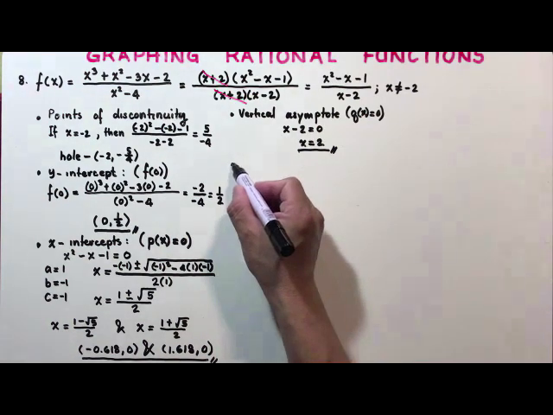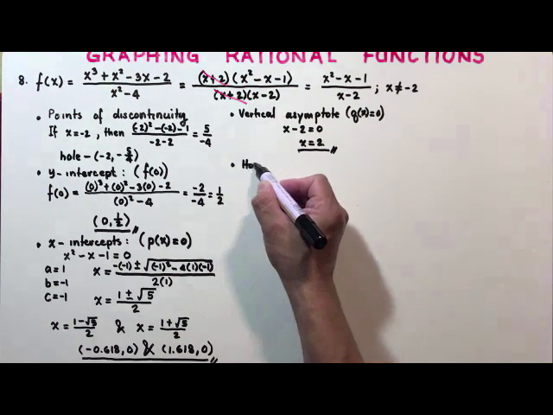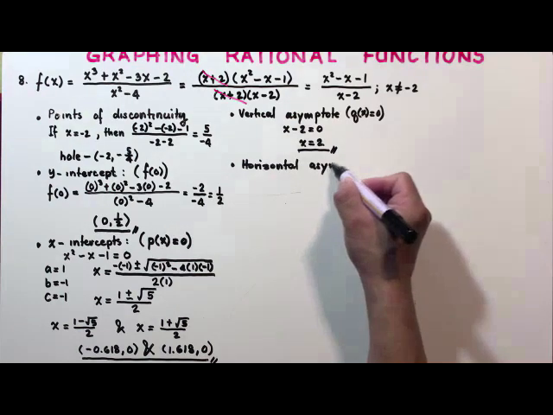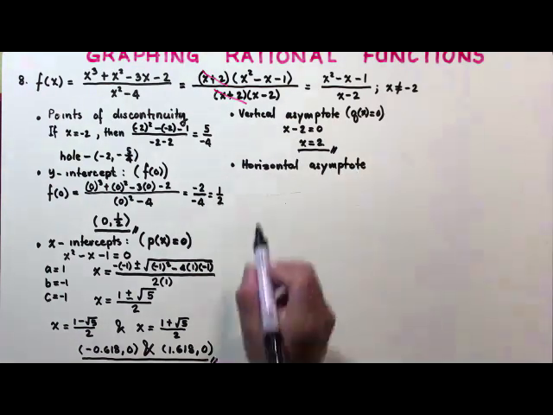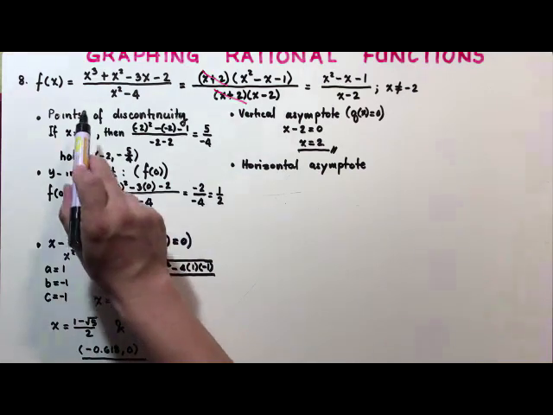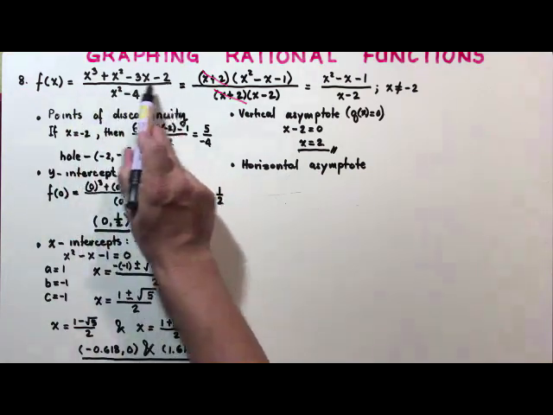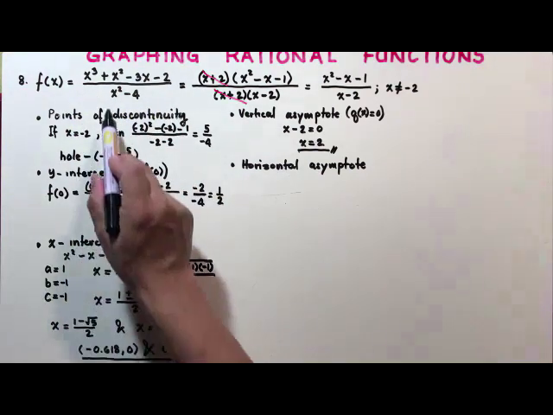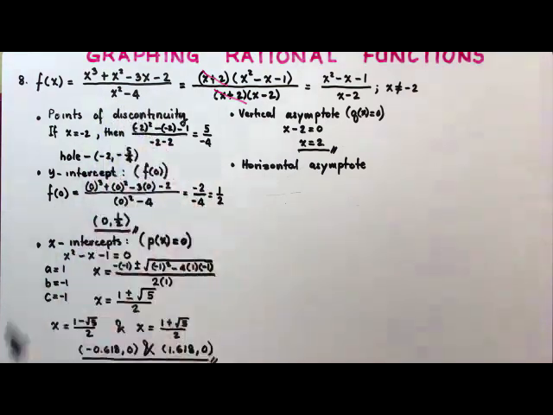Next is to find also the horizontal asymptote. And to find the horizontal asymptote is to compare the degrees of the polynomials in the numerator and in the denominator. And as you can see, the numerator is of degree 3. And in the denominator, this is a polynomial of degree 2.